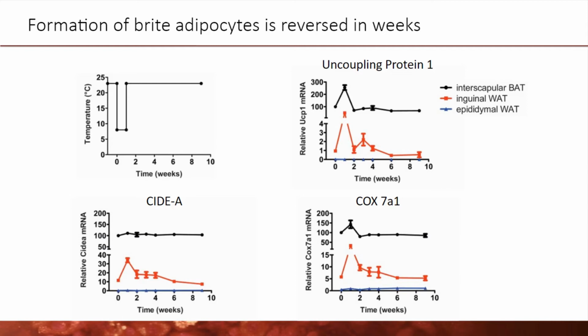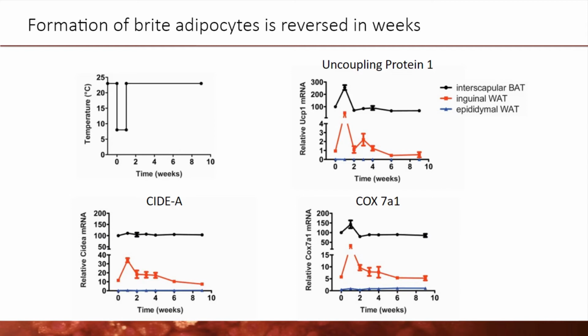In black, you have always the classical interscapular fat. You see in cold exposure, this is the upper right corner, there's a slight increase in UCP1, not a lot, that immediately drops back to original levels once the cold stimulus is removed. Interestingly, in the inguinal fat, you have a certain amount of UCP1, and this is increased quite dramatically.